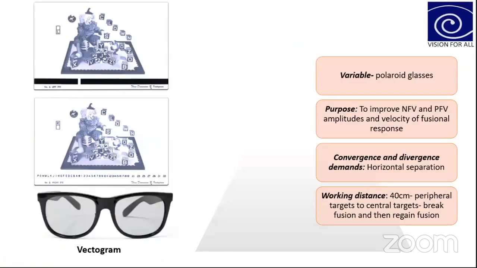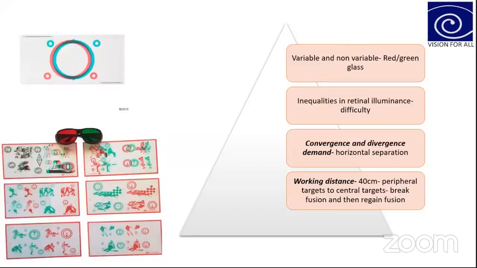In anaglyphs, when the patient is able to start here, the next step is to break the fusion. How do you break the fusion? You close one eye or ask the patient to look far, and we can break the fusion.